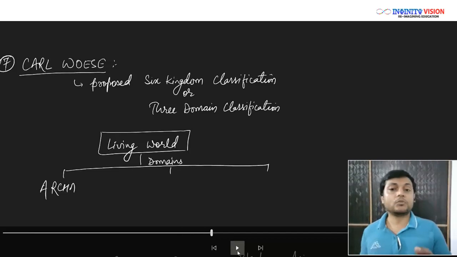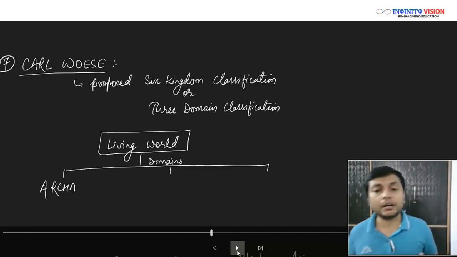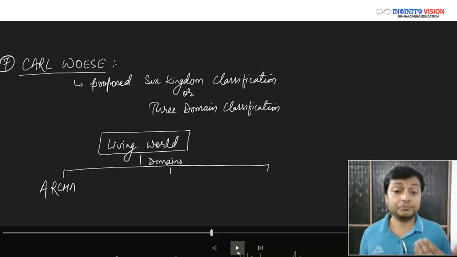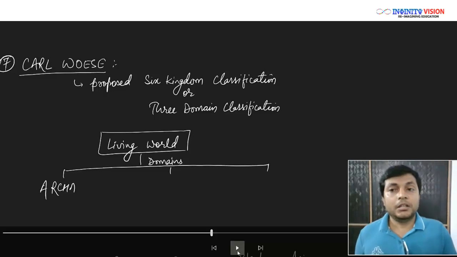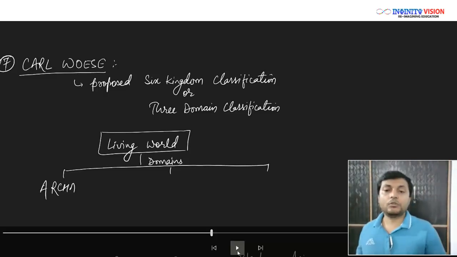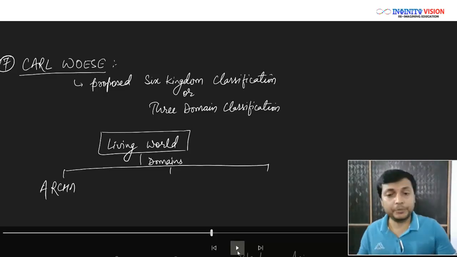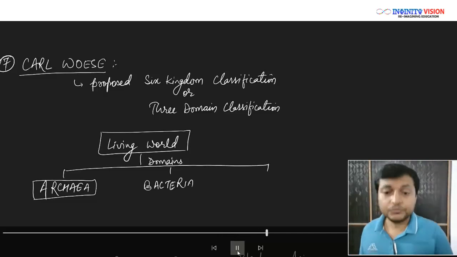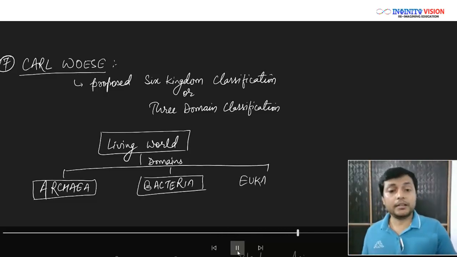Now you will ask, what are these domains? These domains are taxonomical categories above kingdoms. So Carl Woese gave the three domain classification, that is, all living world should be divided into three domains, and these domains are archaea, bacteria, and eukarya.